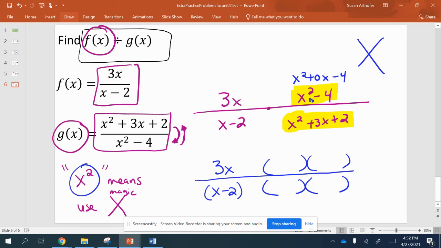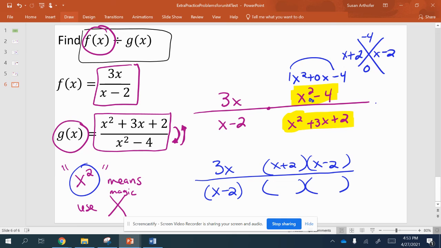Okay, well, this should be easy. Fill in hidden 1, multiply front and back. What multiplies to a negative 4 and gives us 0? Well, 2 and 2, because it's not 4 and 1. So what kind of 2 and 2 gives us 0? 2 minus 2 is 0, so this one has to be a positive. Put in your x's, and that magic x is done. x plus 2, x minus 2. And look, you can see where things are going to cancel already, can't you, on the bar?